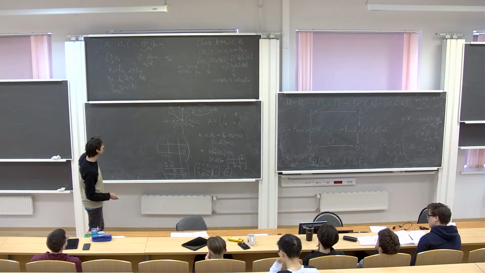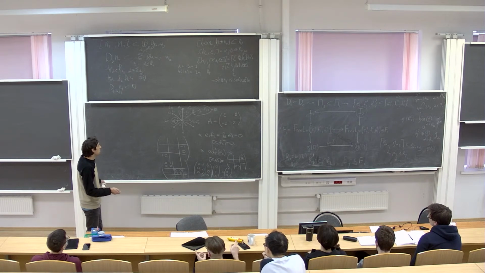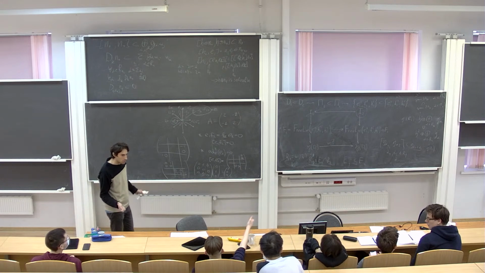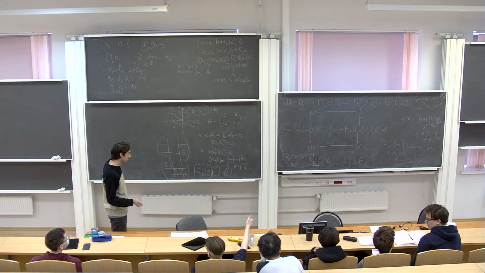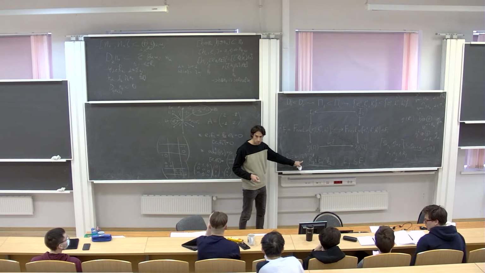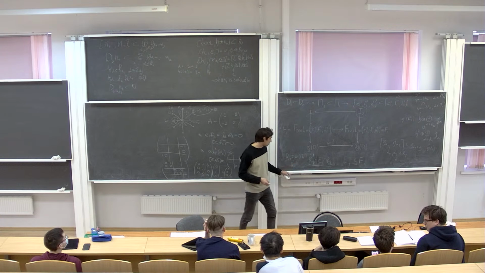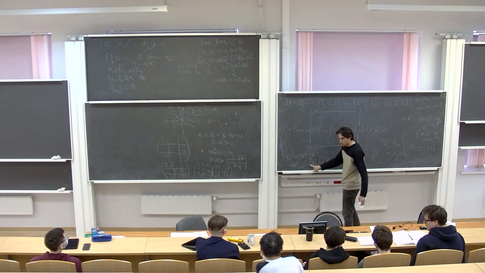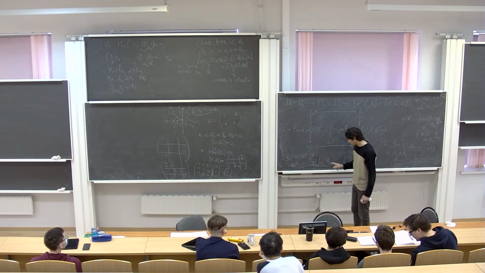R1 prime is G2 and R1 is A2, they have different simple roots. But we don't say that they have the same simple roots. No, I say that they have the same simple roots. Why is it so? Just because I take R1 prime and construct it like this.